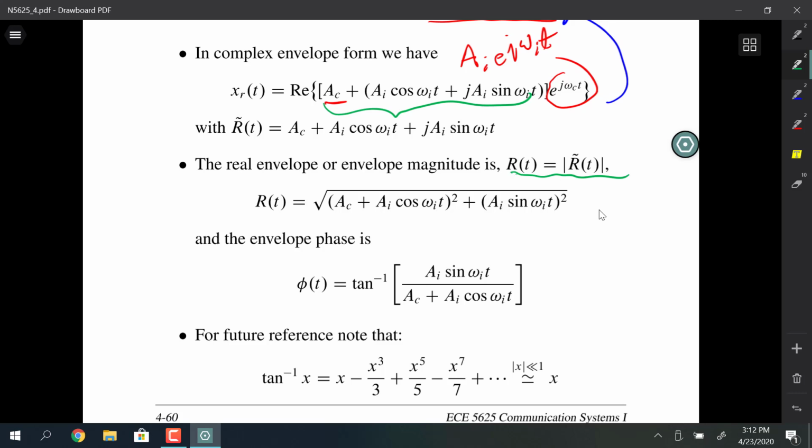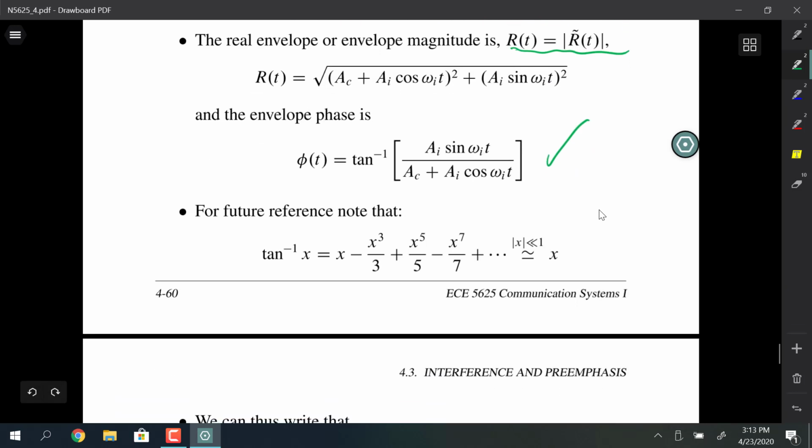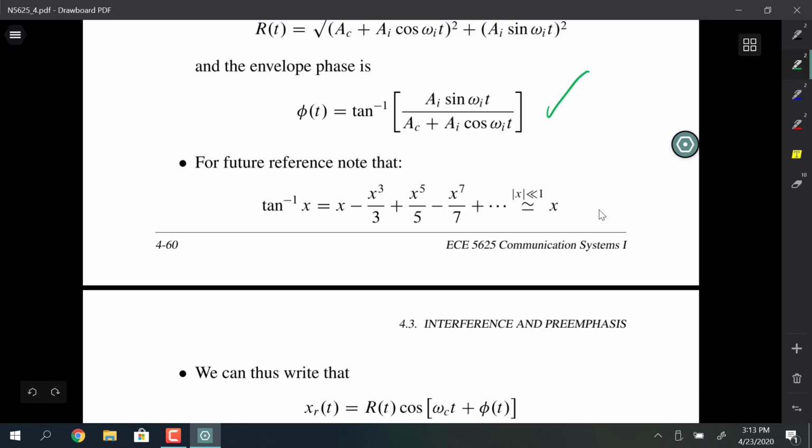But what we're interested in for phase or angle modulation in general is the envelope phase. So that's just the angle associated with this R tilde, and that would be the arctangent of the imaginary part over the real part. So that's fairly straightforward to get our hands on in this math model. And then we're going to do a small argument approximation.